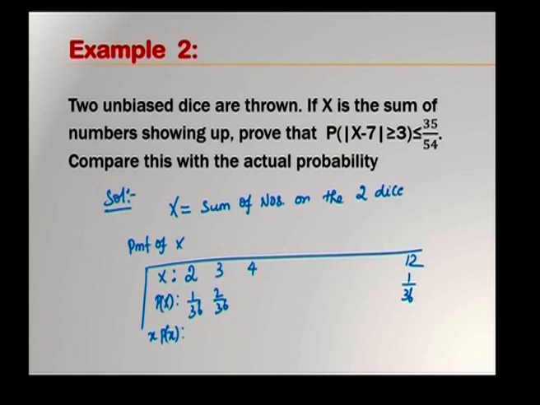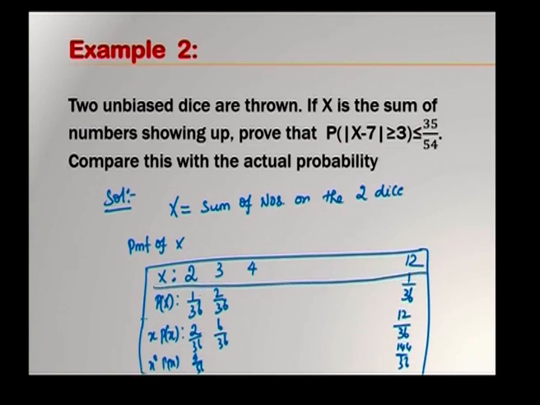Just multiply this x into p of x: 2 by 36, 6 by 36 etc. up to 12 by 36. Also we need this x square into p of x, which is 4 by 36 to 144 by 36. This particular tabular column has been worked out in one of the previous episodes.